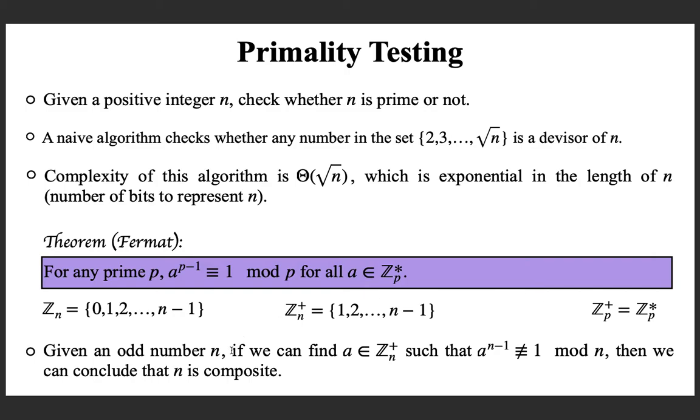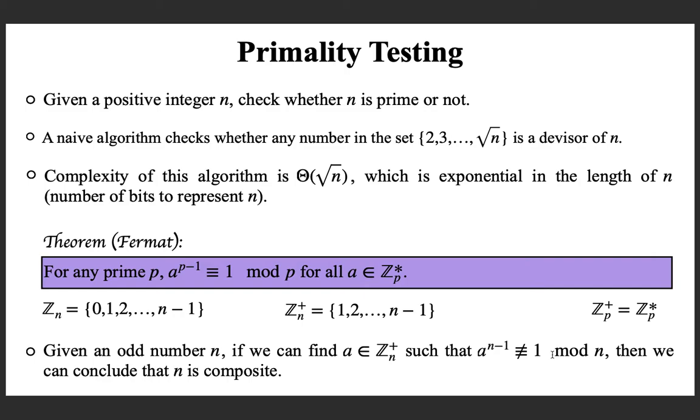Given an odd number n, if you can find an a in this set such that a to the power n minus 1 is not congruent to 1 mod n, then from Fermat's theorem we can conclude that it is a composite number, because if n is a prime number, a raised to n minus 1 must be congruent to 1 mod n.